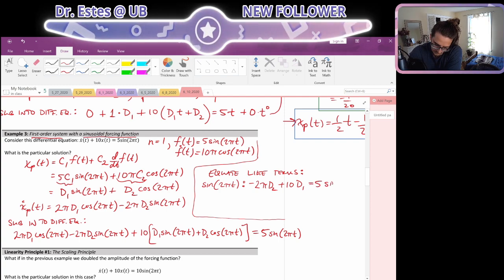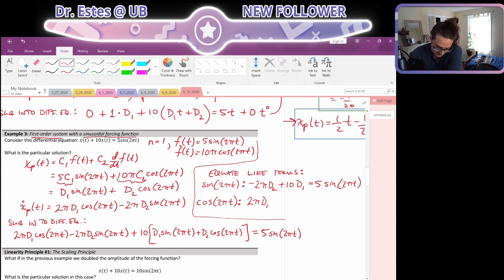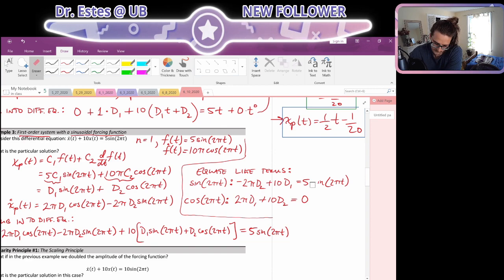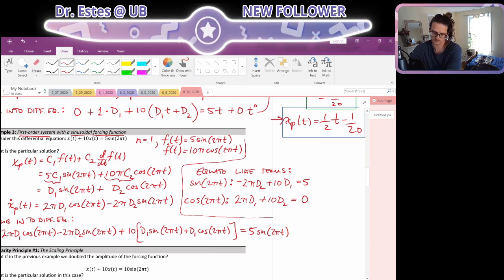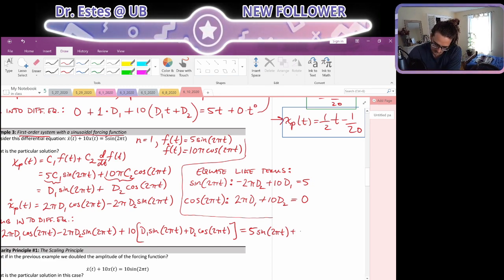And then from the right-hand side, we have 5 sine 2 pi t. Let's do the cosine terms. From the left-hand side, we're going to have 2 pi d1 cosine 2 pi t plus 10 d2. And on the right-hand side, oh wait, I shouldn't have that sign up above. Because on the right-hand side, I have 0 times cosine 2 pi t.